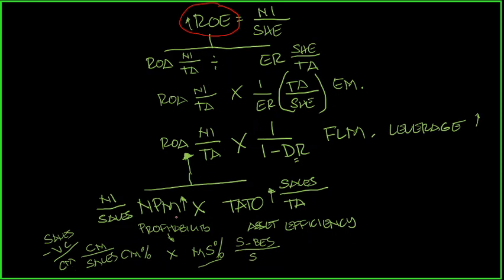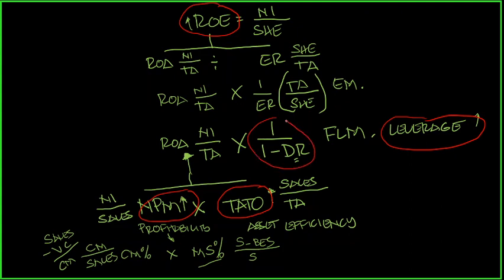Under Dupont analysis, it's divided into three components. The profitability aspect, as represented by the net profit margin, efficiency aspect as represented by your total asset turnover, and your leverage as represented by the financial leverage multiplier, which is just the reciprocal of your equity ratio.